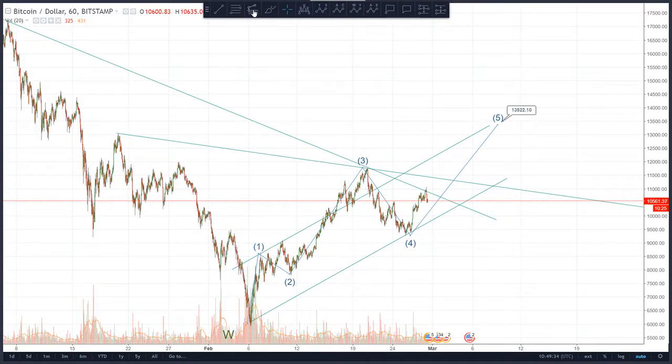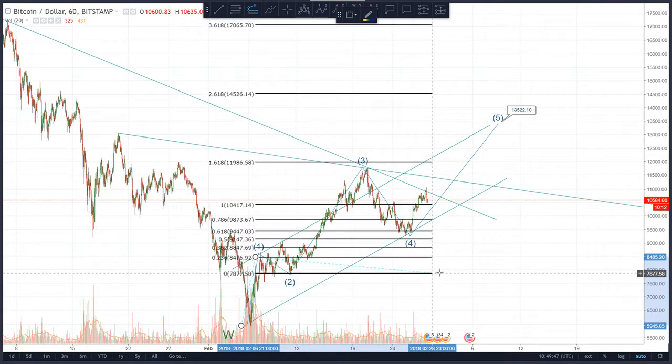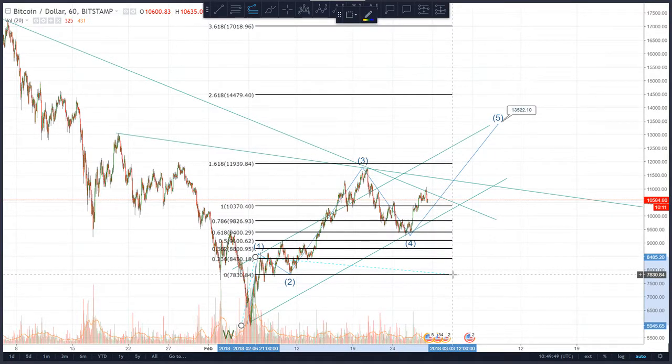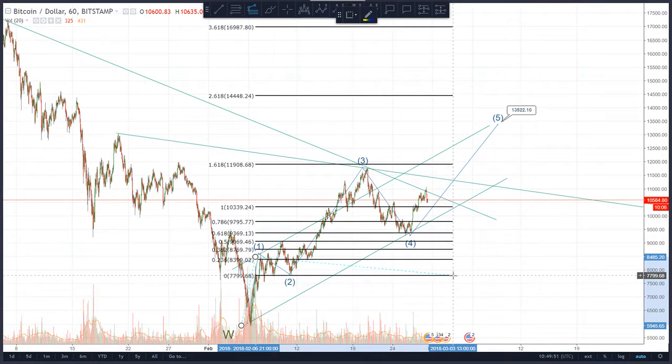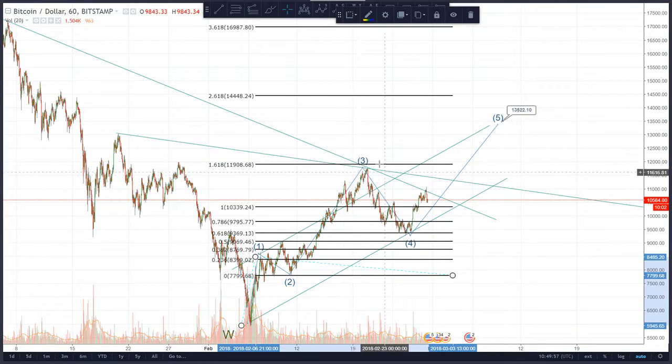Okay, so the reason for this is wave 1 and 2. Let's just do our Fibonacci extension, from the beginning of wave 1 to the end of wave 1. In fact, we do it to the high of the candle close. And then from the bottom of wave 2, you've got it almost reaching the 1.618. It's falling slightly short.